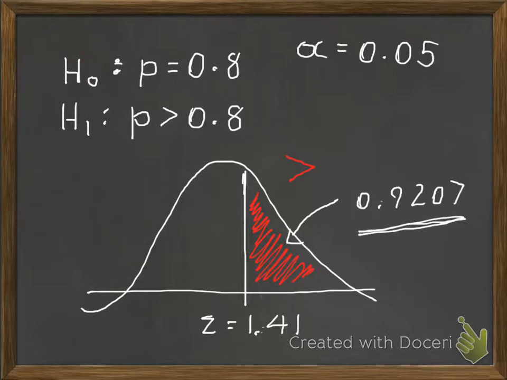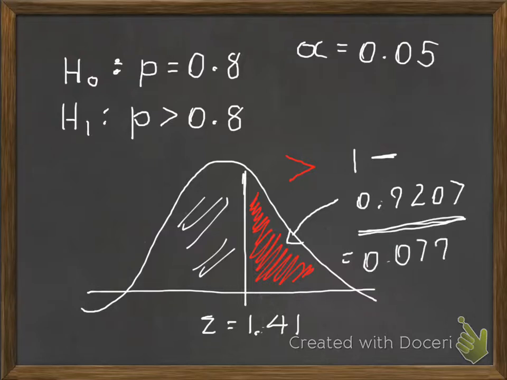It's actually this area over here. To get the area to the right, I have to subtract this from 1. And that area is 0.0793. That is the area of the red shaded region, and this is what the p-value is. This is our p-value.